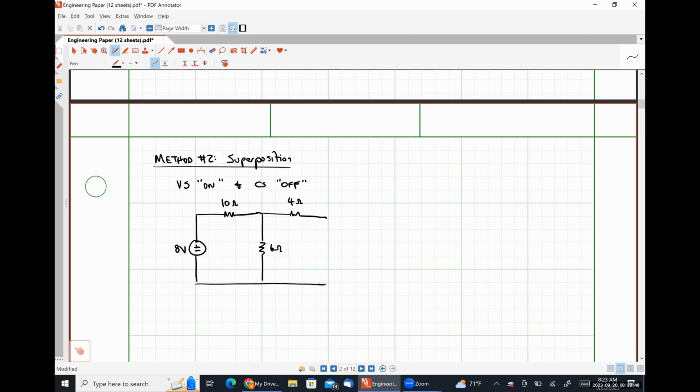So let me ask you what I hope is a very simple question. What does it mean for the current source to be off? It is not supplying current, or it is supplying exactly 0 amps of current, right? Okay. So what element do we know of that by definition has no current flowing through it?